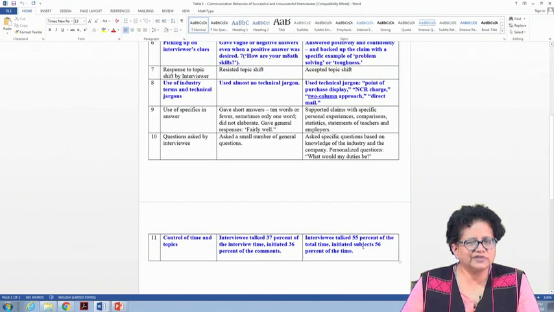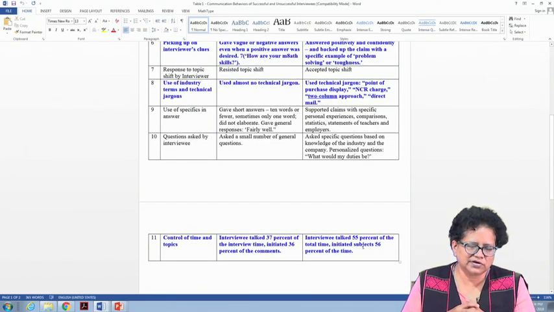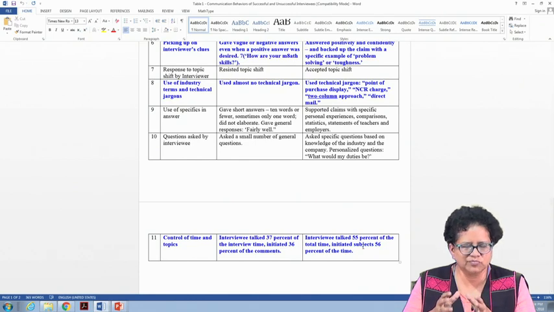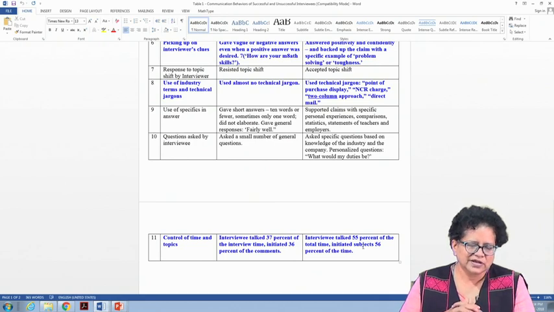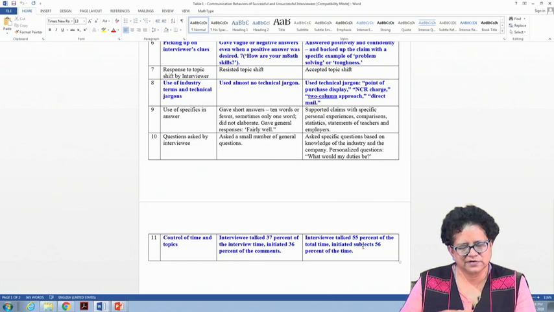We will do one last one, which is the 11th one, which is very important because this interview is the most purposeful, planned, one-to-one conversational activity related to decision making on both sides of the desk. It is about control of time and topics.